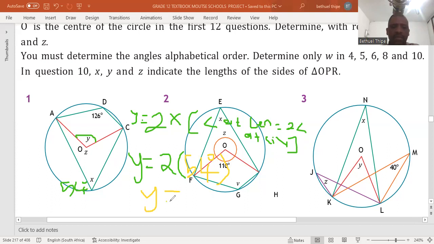What is 2 times 54? Use your calculator there. Myself, I obtained 108 degrees. So the value of y is 108 degrees.